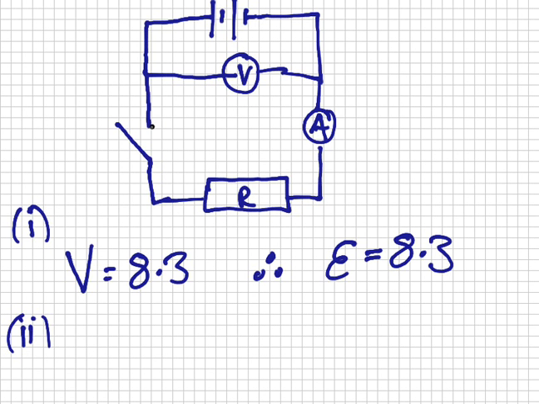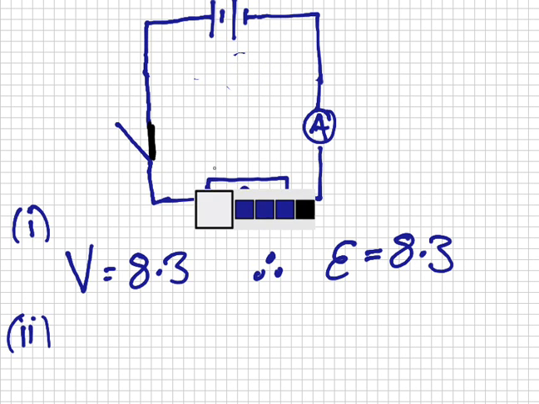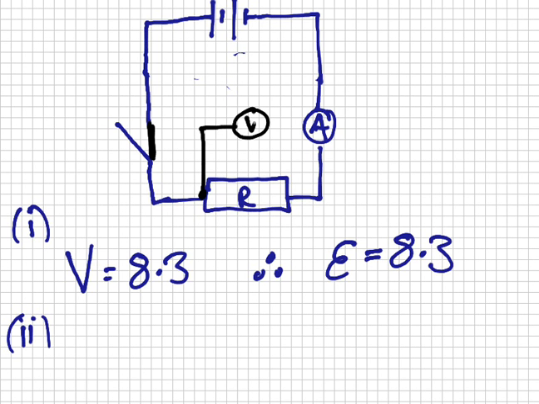Now this is closed. Now if you look at this voltmeter, I'm going to remove it, don't panic. And just to make it a bit clearer, it's around this, isn't it? Because if I just put it here, it's the same thing.